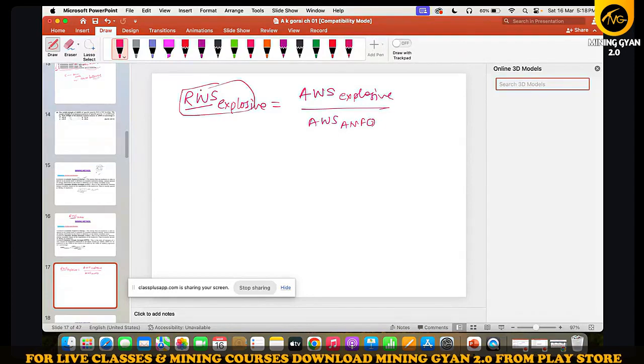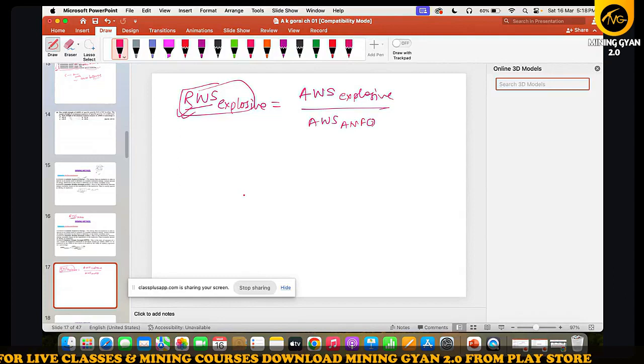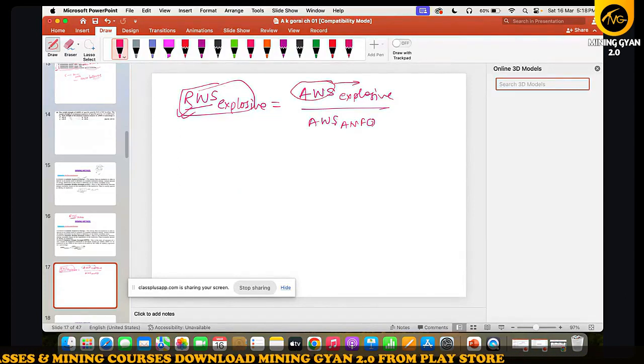It will help to find out RWS of explosive. Okay, और AWS क्या था, it is the theoretical absolute strength. ठीक है, फर्स्ट होगा दिस वन.